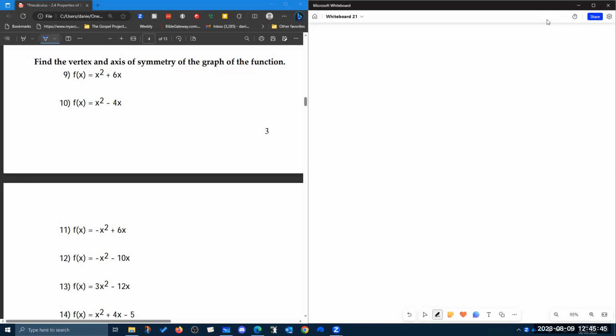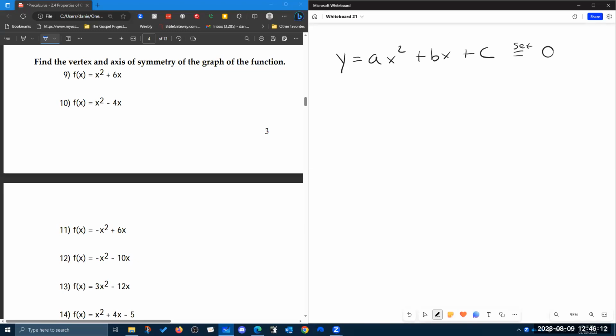So let's go ahead and start off with y equals ax squared plus bx plus c. And I'm going to set this equal to 0 here because I'm going to be interested in that in a second.